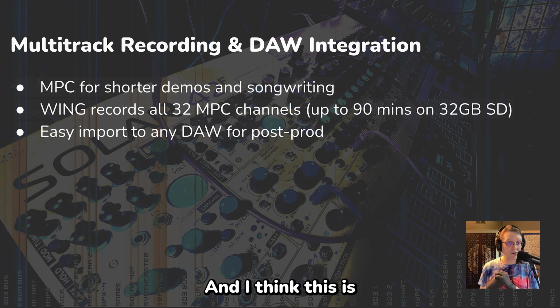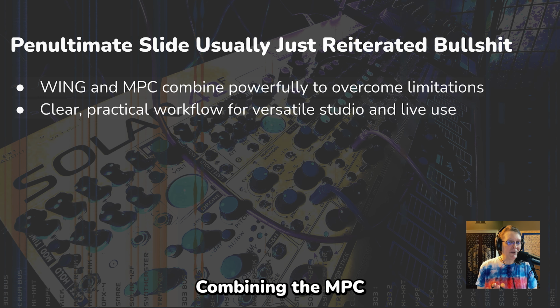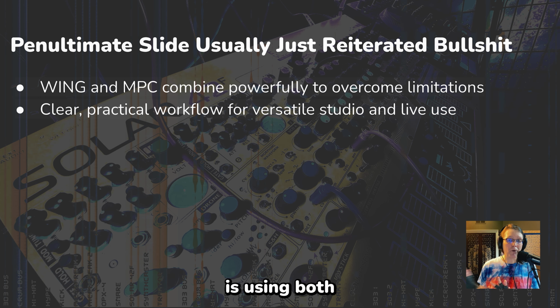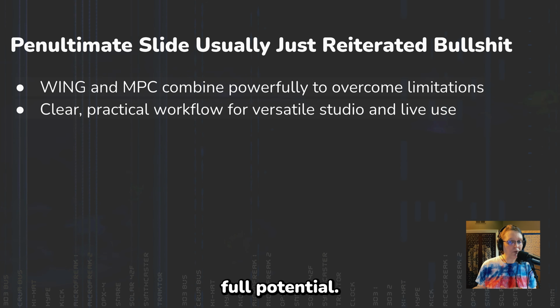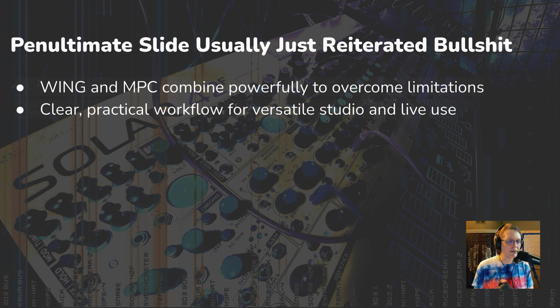I think this is also an awesome way to potentially share your work with other artists and engineers for remixing. Combining the MPC and the Wing uses both pieces of gear to their full potential. You get a full-on production studio or live rig, or both, by following something like the workflow I've laid out here. So if you have a modest setup right now and you want to push it further, this is one possible direction you could take it.